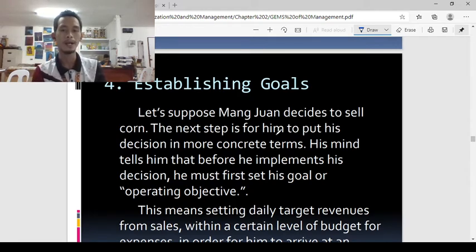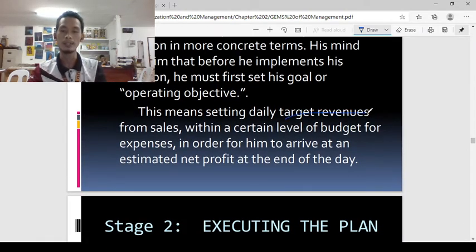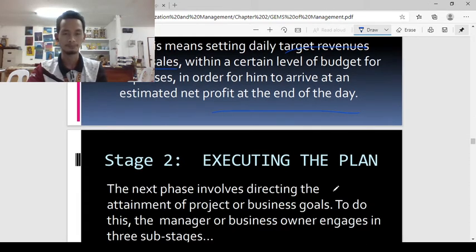Let's suppose Mang Juan decides to sell corn. The next step is for him to put his decision in more concrete terms. His mind tells him that before he implements his decision, he must first set his goal or operating objective. This means setting daily target revenues from sales within a certain level of budget for expenses in order for him to arrive at an estimated net profit at the end of the day.